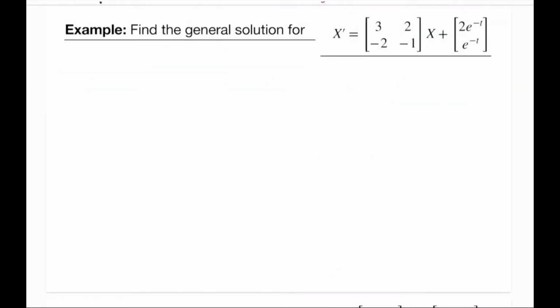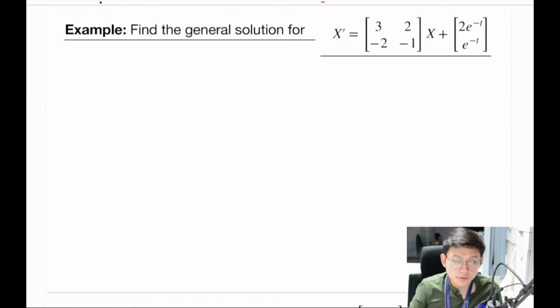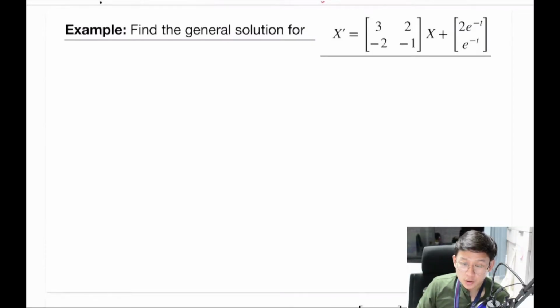Okay, next example. We are asked to solve this non-homogeneous system. So first, again, I'll write that down in terms of matrix. It's already in terms of matrix, right? So here is A and here is B. Okay, so first we want to find the eigenvalues m, right?